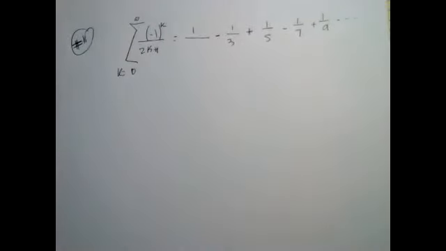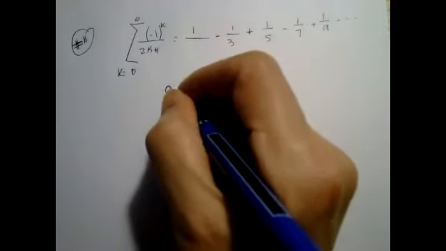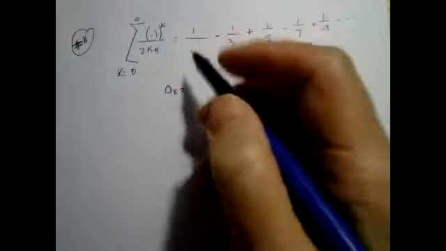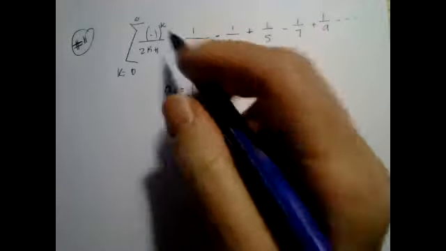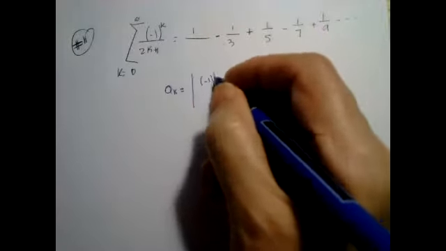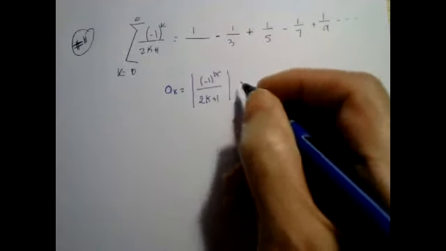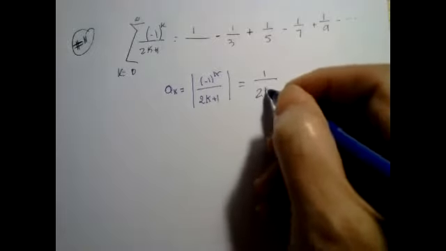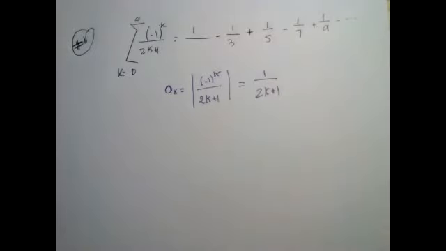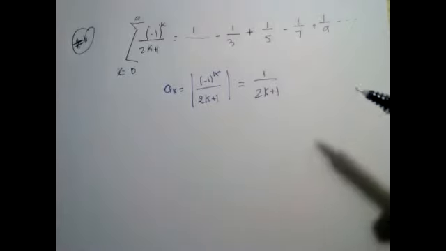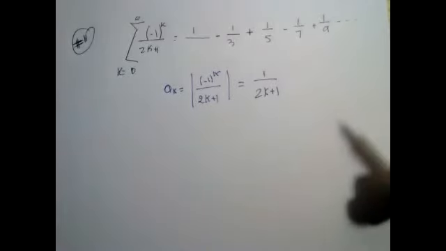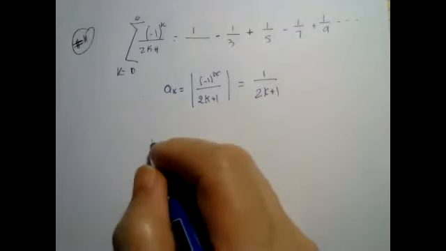And in this setting, the ak, as I said, in an alternating series, the ak are not the terms themselves. They are actually the absolute value of the term. These are the ak, which is 1 over 2k plus 1, only in the alternating series scenario. All right, so as this converges, we check both conditions of the alternating series test.